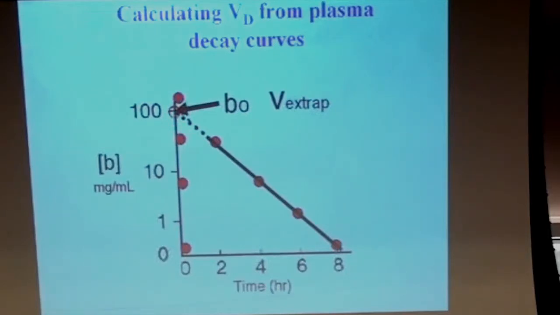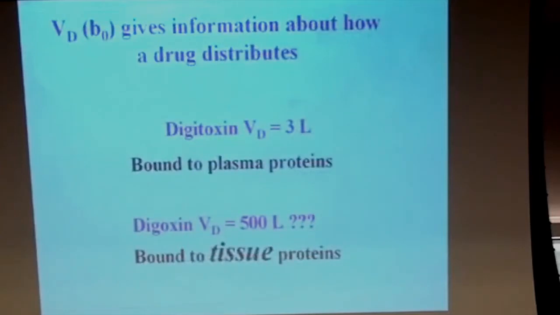You're so interested in this number because it tells you something about the drug. If you're developing a drug and you find from the PK that the volume of distribution is 3 liters, this tells you that the drug is bound to plasma proteins and staying in plasma. If you find a volume of distribution like 500 liters, that's not the analytical chemist making a mistake.